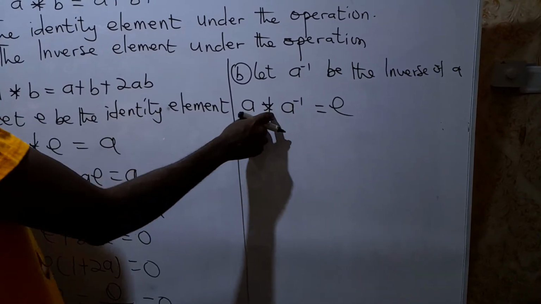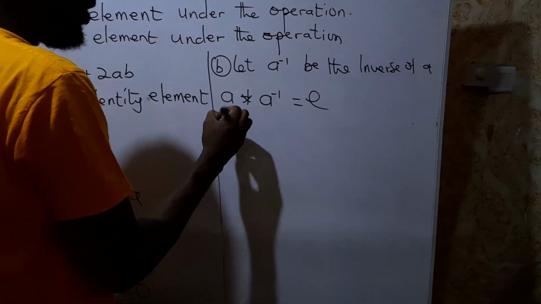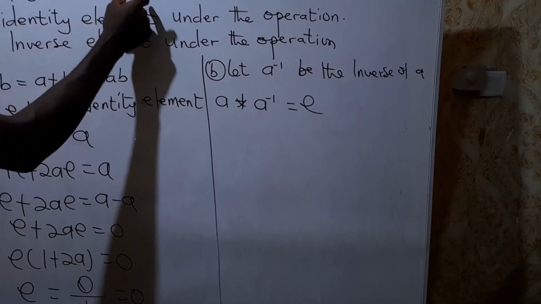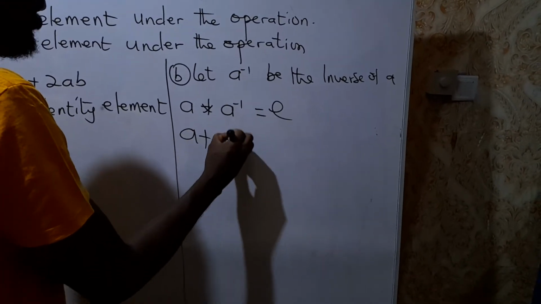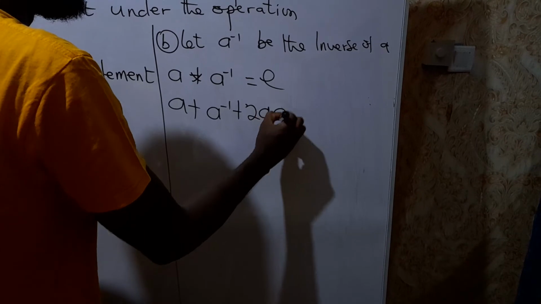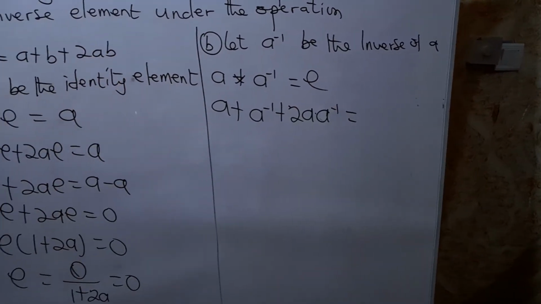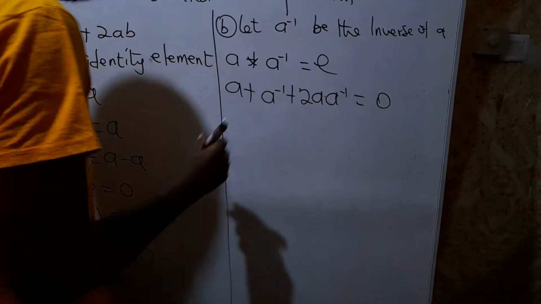So A star A inverse, in place of B in the operation, we just substitute A inverse. So I have A plus A inverse plus 2A A inverse will be equal to the identity element. And the identity element is 0. So we say it's equal to 0.